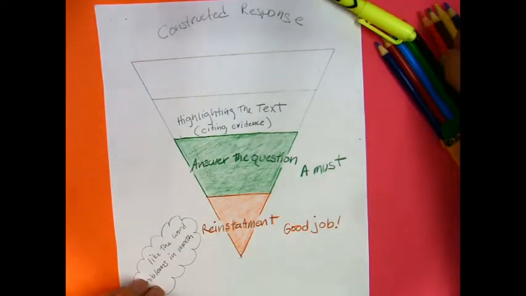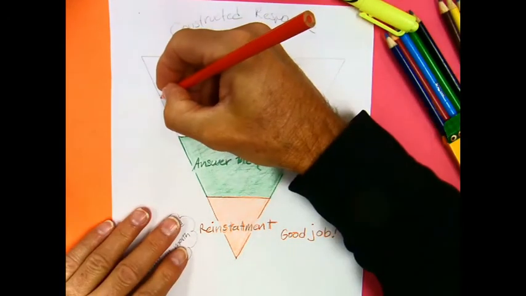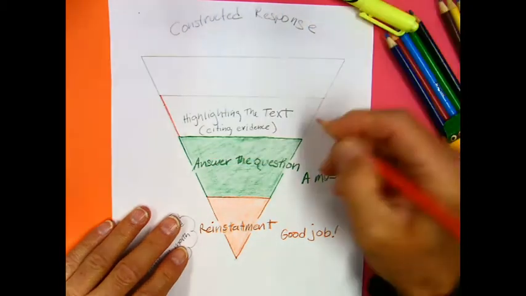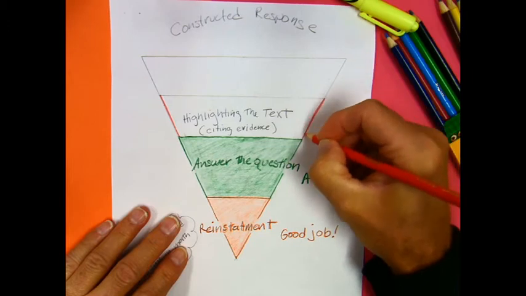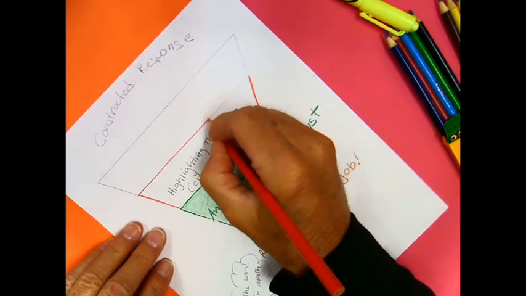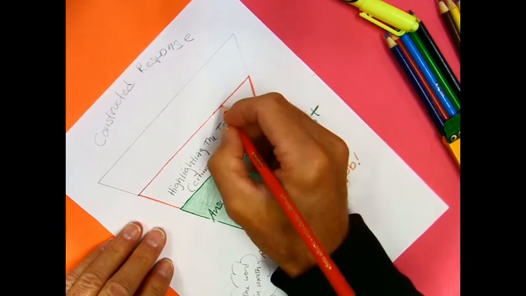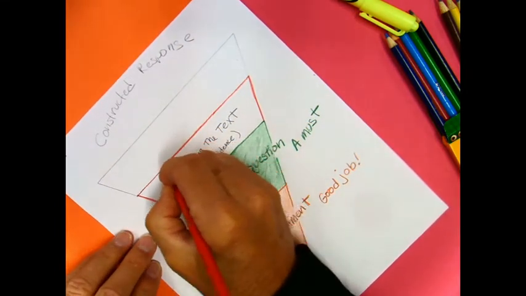I'm going to choose red. And let's go ahead and outline this in red. That's this part of our constructed response. And I told you last week that you actually already did this third thing, that we didn't have to do anything else.